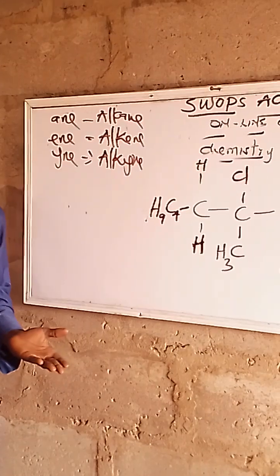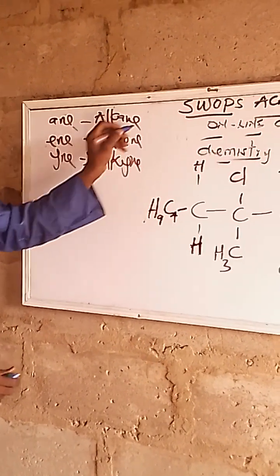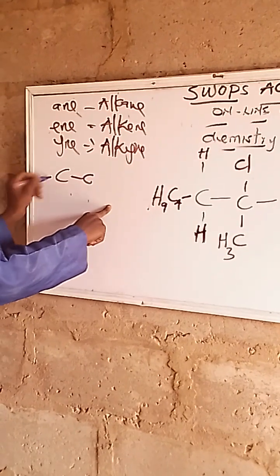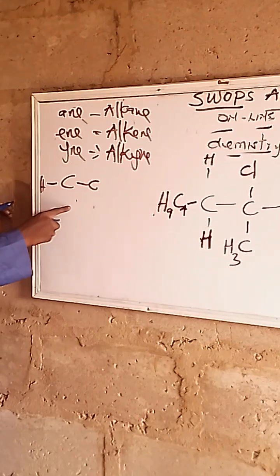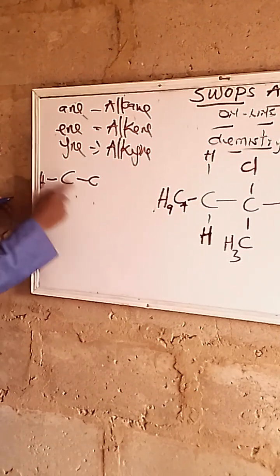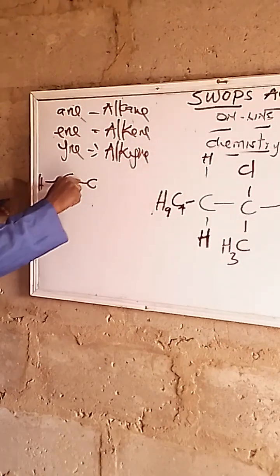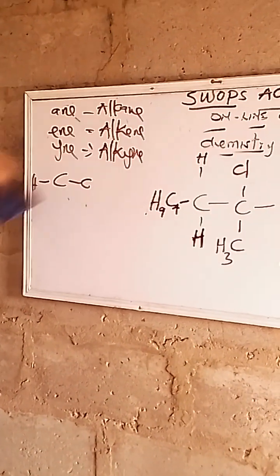It is very simple to identify that. Note that if it is ANE, all the bonds, I mean this carbon to hydrogen, must be single bonded molecules. Hydrogen and carbon, how many bonds is there? 1. Carbon to carbon, how many bonds? 1. When you have that in a structure, we will call it ANE.